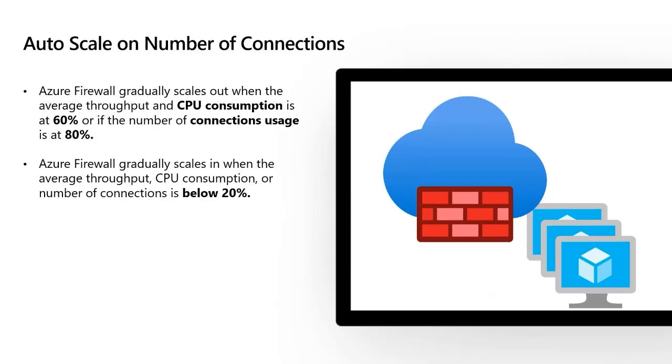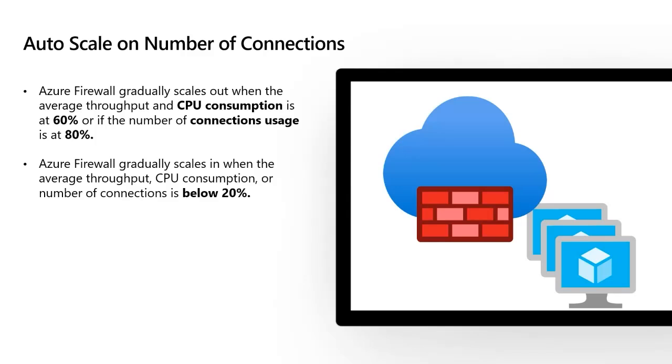Azure Firewall would gradually scale out when the average throughput and CPU consumption was at 60%. We haven't changed that. So for throughput and CPU, we keep the same. When the overall consumption gets to 60%, we're going to start scaling out and deploying new instances behind the scenes. But now we are also having another threshold, which is for number of connections.